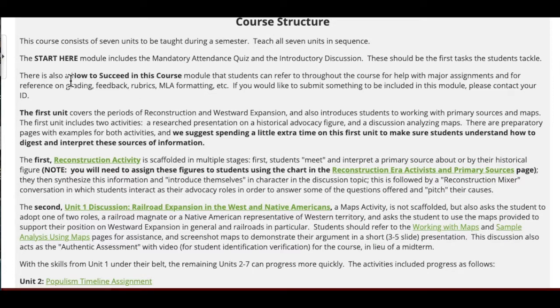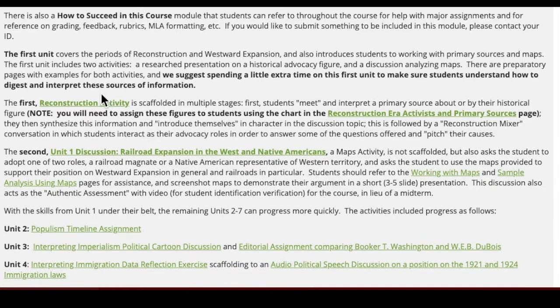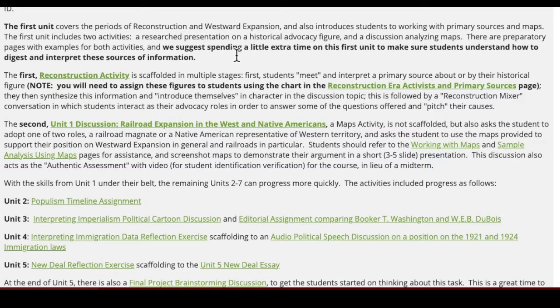You will also want to read very carefully, certainly in the first 2 weeks, the How to Succeed in This Course module. This is extremely important because it tells you how to do the assignments. It tells you what is in the first unit, and it asks that I spend a little extra time on this first unit, and we will be doing that.